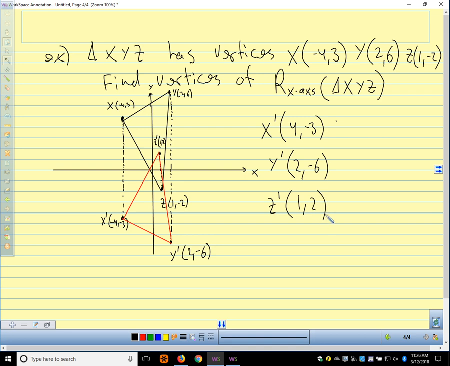All right, what did we do to these to get a reflection over the x-axis? Same thing, except we changed the signs on y's. So to reflect over the x-axis, we change signs on y.